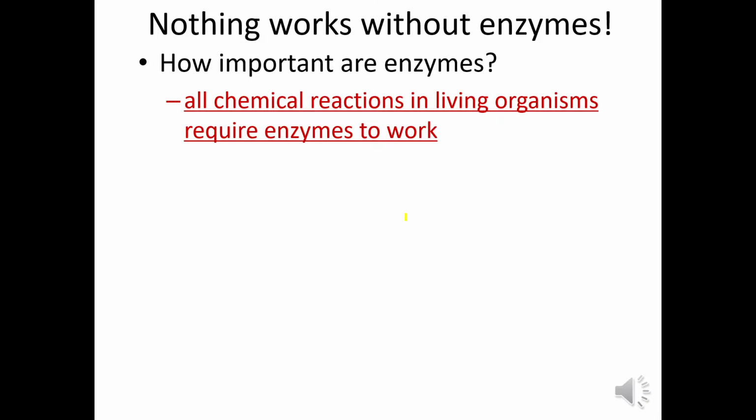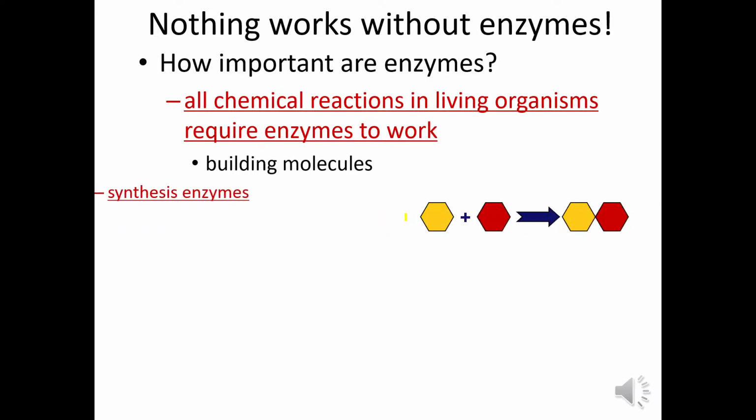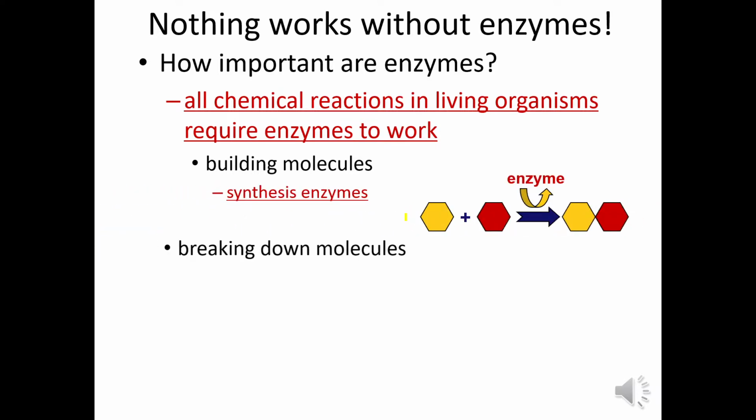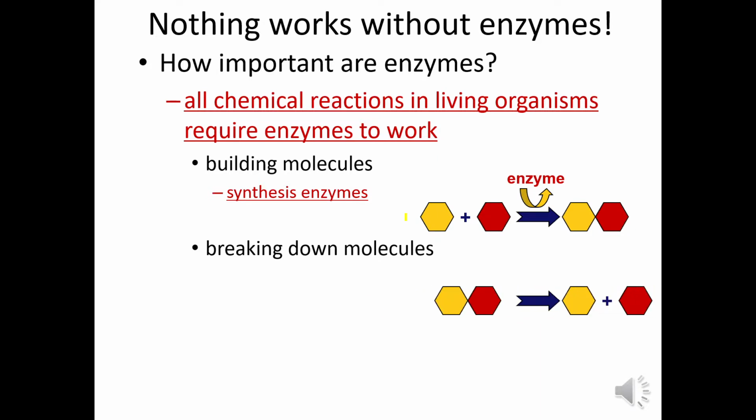Enzymes basically make all chemical reactions inside your body happen, whether it's building molecules or breaking down molecules. These two types of reactions would not be able to happen without an enzyme. So if you think about it, you wouldn't be able to digest or break down your food without those enzymes.